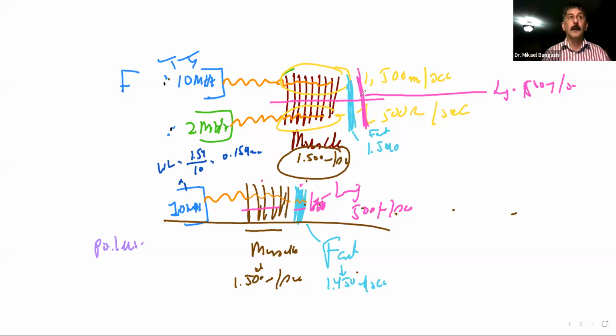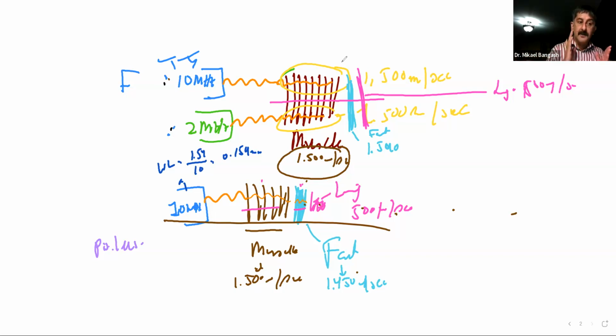We could adjust the frequency by using a different transducer. We could adjust our power, our intensity, and the amplitude by increasing or decreasing the power output on our system. But this factor, your propagation speed, is wholly and solely determined by the medium.